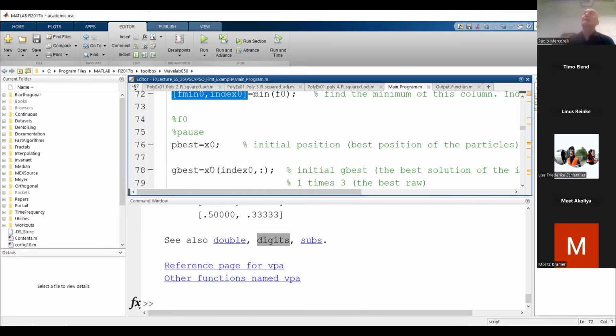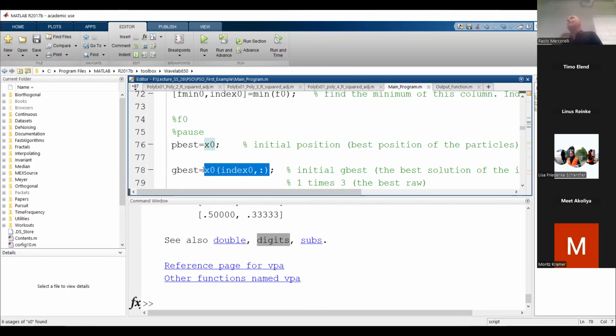We can see x0 is the position of the swarm. The swarm at the beginning, we are not flying, not yet. We are in the initialization phase. Do you remember the last time I clarified this? And I put in G best what? The best.